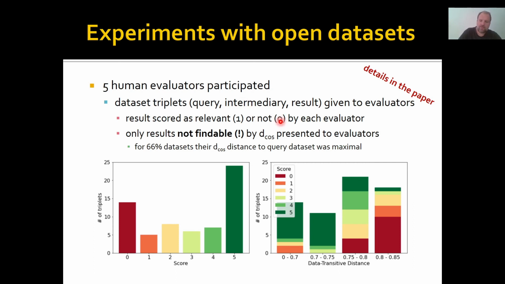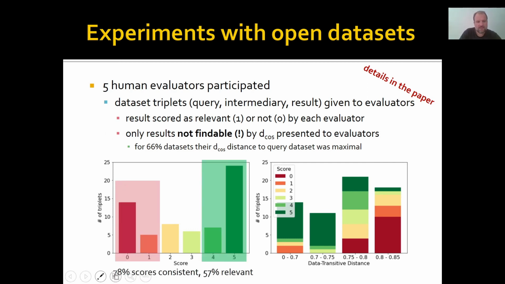Everyone might assign a 0 or 1 score to the result as relevant or not relevant, and we can observe how the results look in some aggregation. So what we can observe on the left is that at first this method of evaluation was quite consistent, because 78% of the scores of all the evaluators were in agreement.